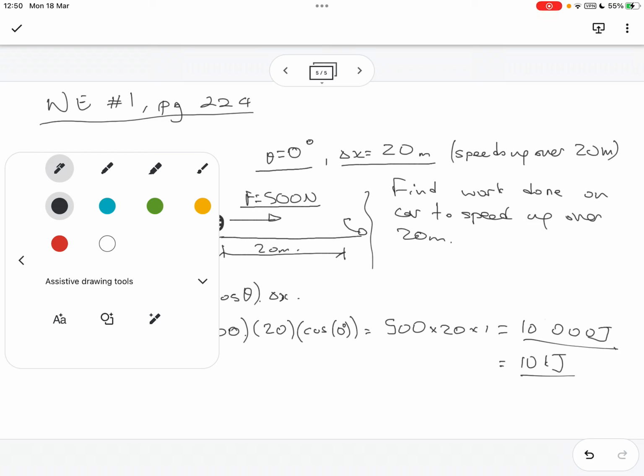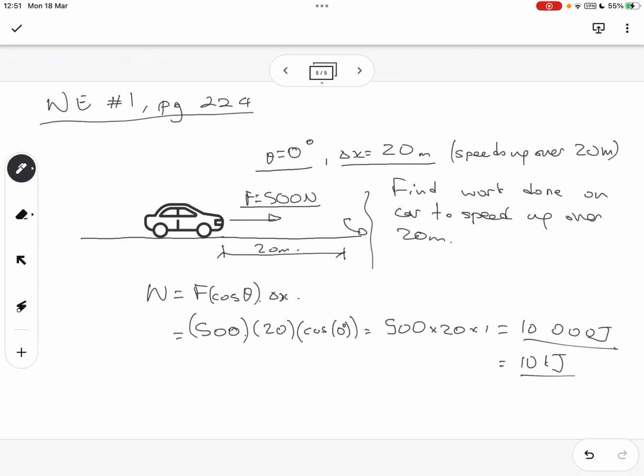Wow, okay. It's quite a lot of work. Can we compare 10,000 joules with something that we know? Or you're looking at the food wrapper? Okay, this is the daily amount on average about 8,500 kilojoules.